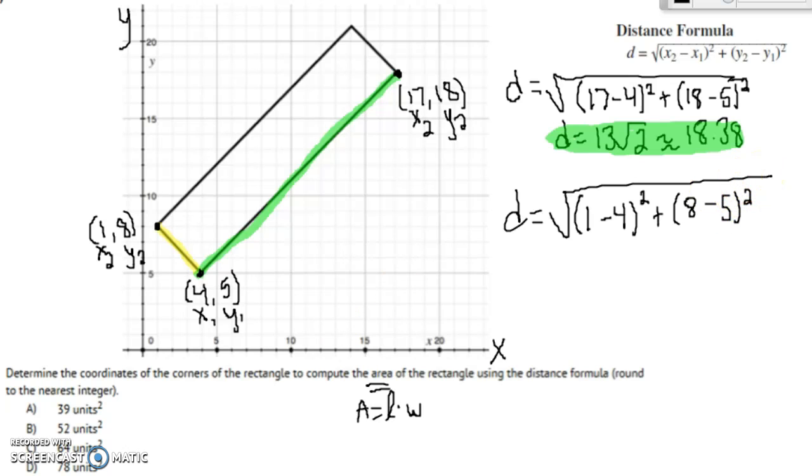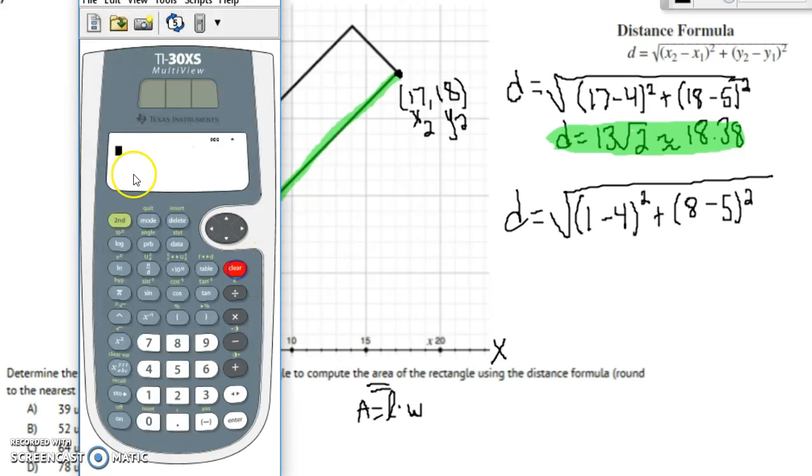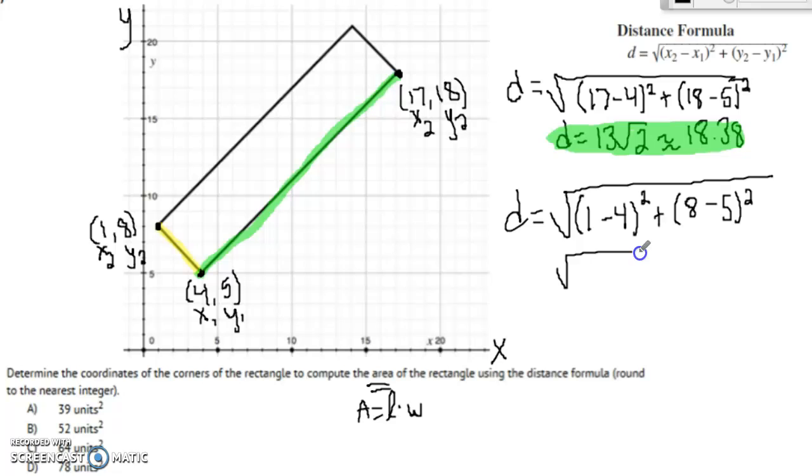Okay, so this time, instead of typing it all in one step, I'm going to show you what you would do if you didn't have a calculator like this. So you could just do 1 minus 4 and then square that number. So take negative 3 and square it, or you could do negative 3 times negative 3. So this first piece right here would be 9.